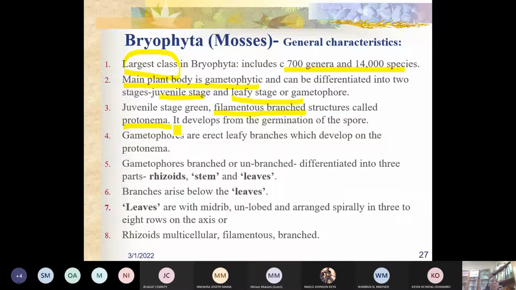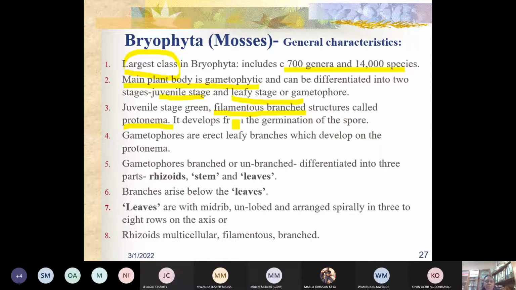So it's very much like the Marchantiophyta group. It is just flat, or in fact more like an algae than a bryophyte. So the juvenile stage is very primitive in its form. So it has taken up the form of the algae, where we could see filamentous branched groupings.